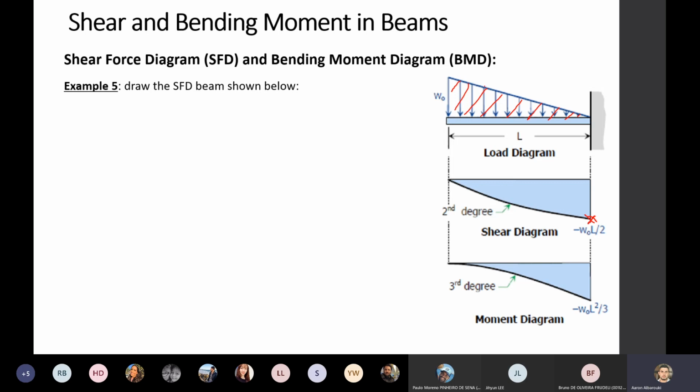Now the shape of the force is a triangle. The area under the triangle equals the value from here to there. The area of this triangle is W times L divided by 2. Negative WL on 2. All good?